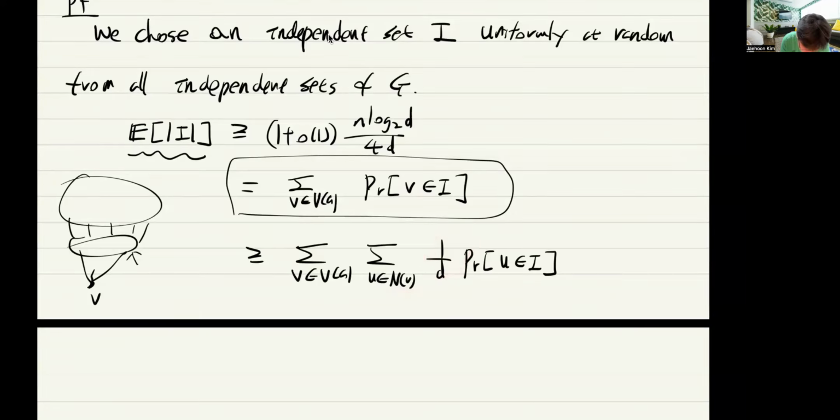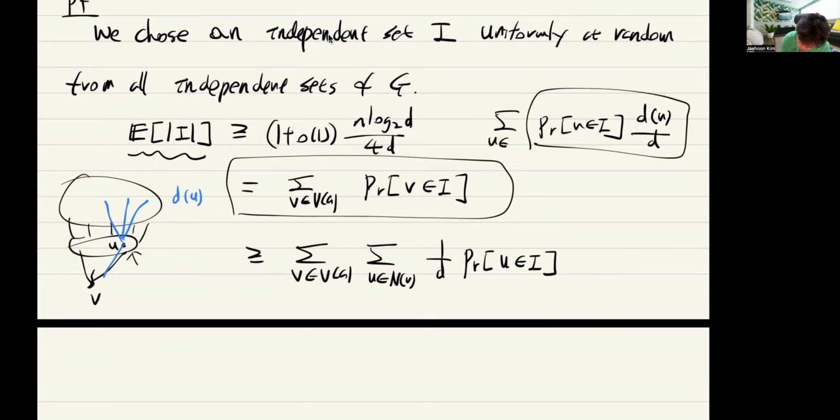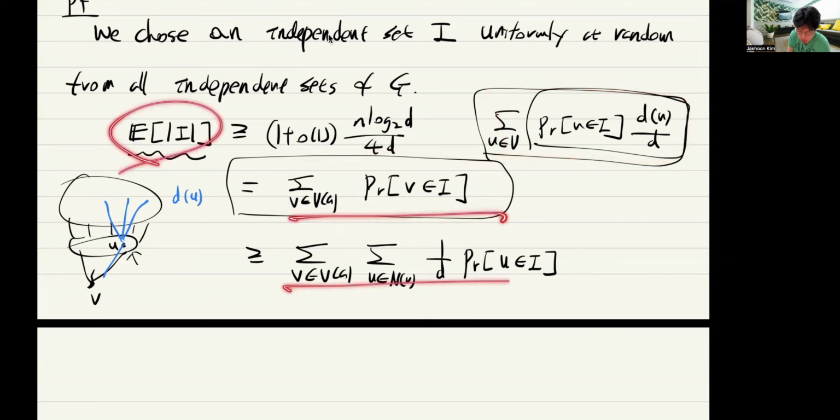And what happens is that for a specific vertex u, let's say this has degree d(u), then in this expression, the probability that u is in I is added exactly d(u) times and divided by d. So this is added for all u. And as we assume that this is the maximum degree, this is at most 1, so this provides a lower bound on this. So this can be lower bounded by either one of them.